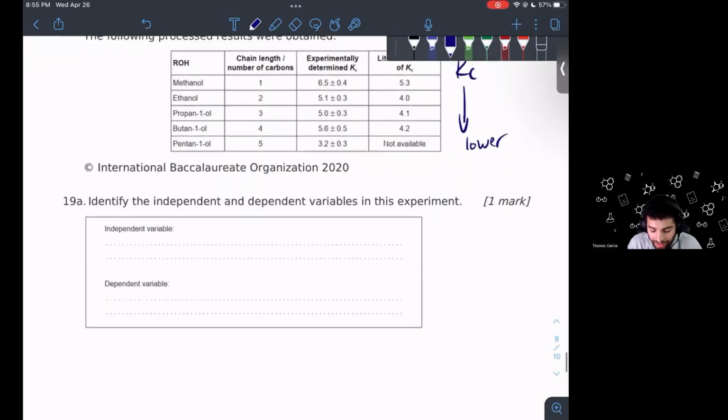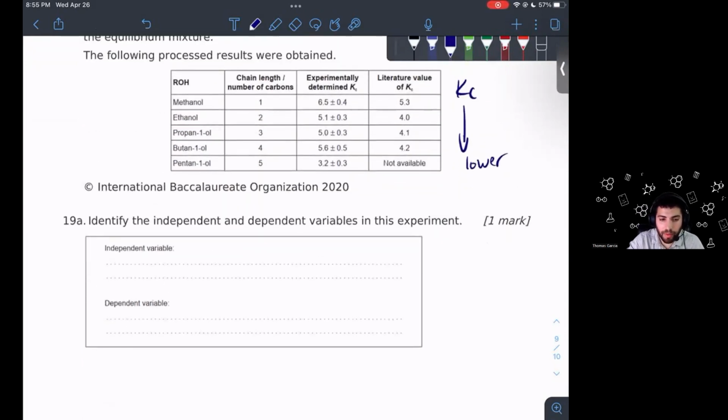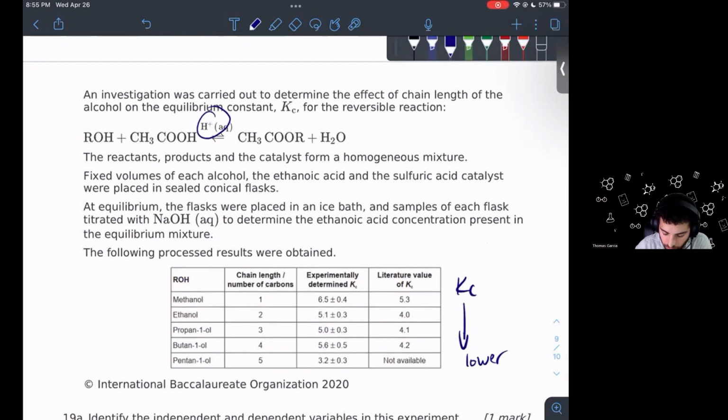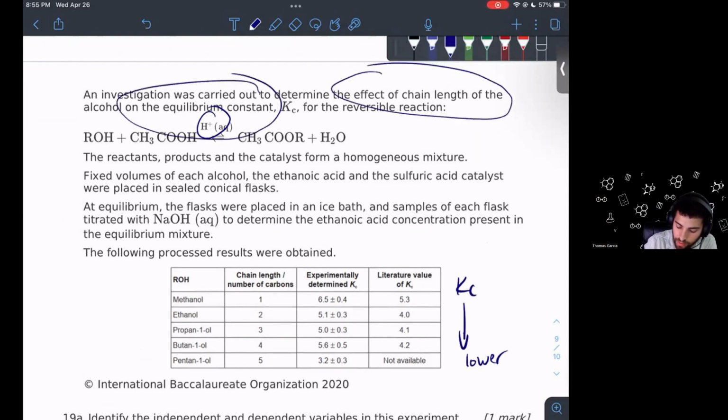All right, identify the independent variable of this experiment. Independent, dependent. Turns out you don't need to read any of the other stuff for this first problem. I just wanted you to start looking at things. Now they even tell us right here, fixed volumes of each alcohol, ethanoic and sulfuric acid were placed in conical flasks. Furthermore, they literally said that an investigation was carried out to determine the effect of chain length on equilibrium constant.